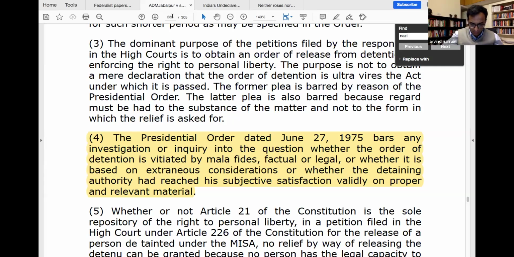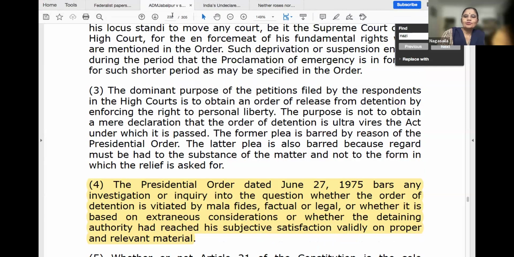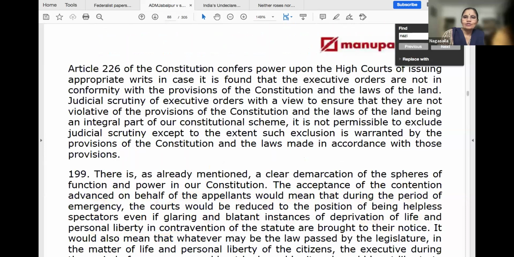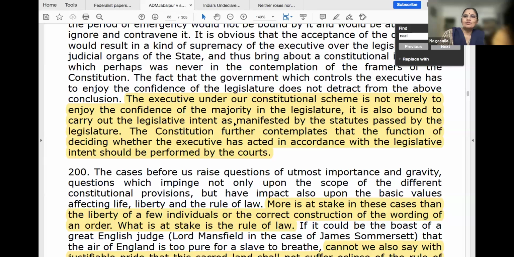I think as Arvind is getting to Justice Khanna's opinion, go back to the language of Article 21, which is: no person shall be denied the right to life or liberty except by procedure established by law. And during the Emergency, it is a procedure established by law. There was the MISA, the Maintenance of Internal Security Act, which is a procedure established by law.